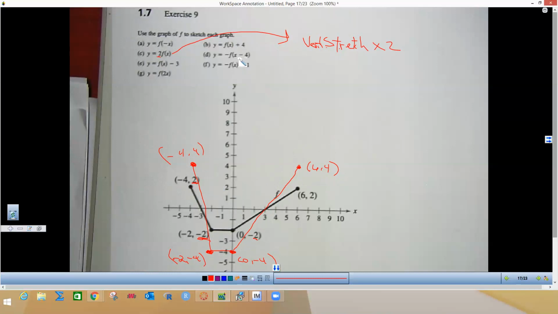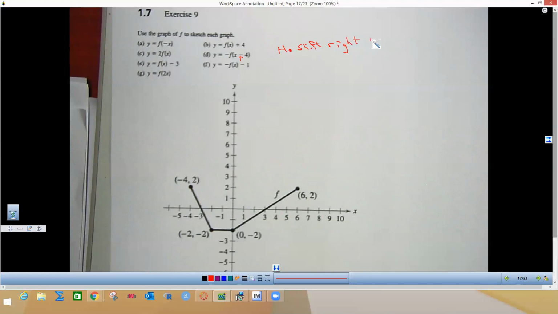Okay, this one is a little trickier because there's 2 things going on. I'm going to erase this one. One thing that's different is we have a minus. We got a -4 inside. So that is a horizontal shift. And you got to write the word shift and stretch because they both start with an S. Right, because horizontal shifts are opposite of the sign.